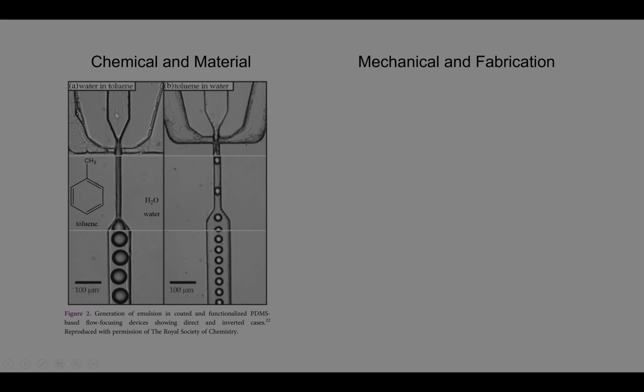These are PDMS based microfluidic channels. What is happening here? Water and toluene will be mixed. Here is the toluene, and this is the channel for the water. So it will form the bubbles and it will look like this.